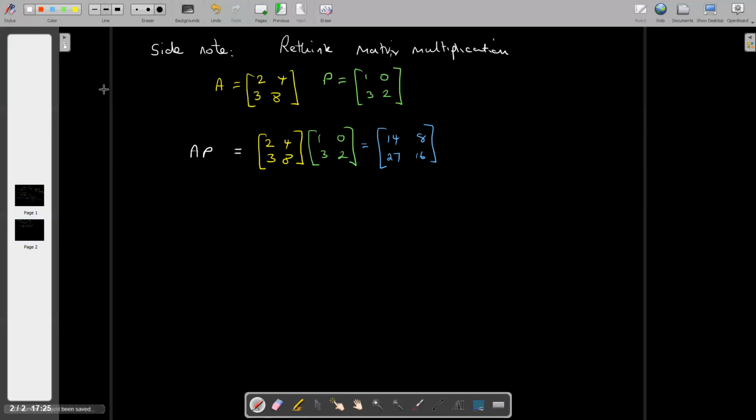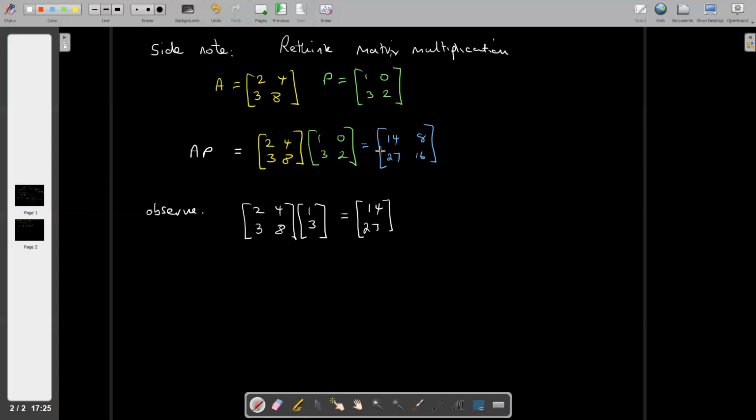What I want us to observe is this: if I take the matrix 2, 4, 3, 8 and multiply it by the column 1, 3, then I get 2 times 1 is 2, 4 times 3 is 12, 2 plus 12 is 14, 3 times 1 is 3, plus 24, which is 27.